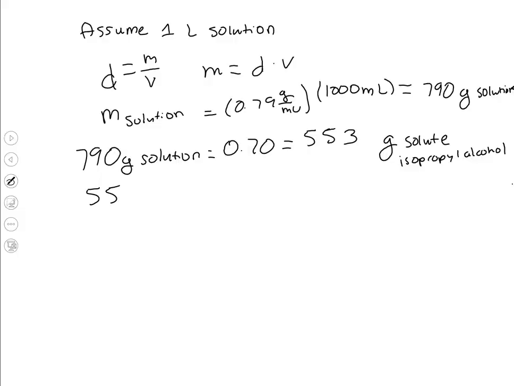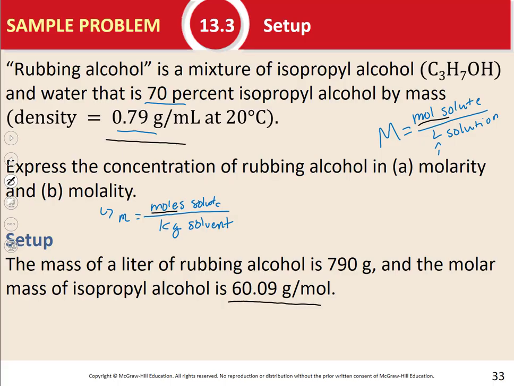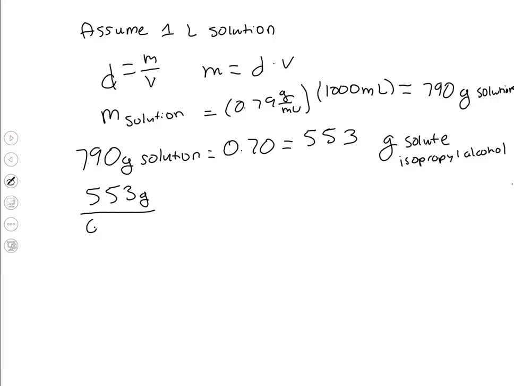So 553 grams divided by that molar mass of 60.09 grams per mole. And this is why we divide, because now what happens to our units? We're left with moles. Good. Grams will cancel.